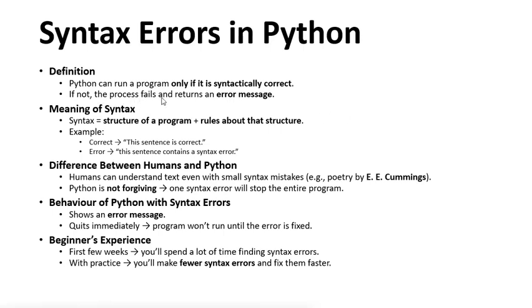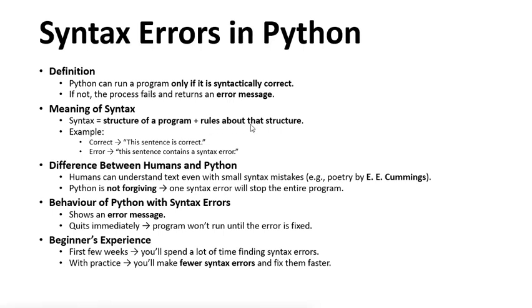If not, the process fails and returns an error message. Got it? Let us understand what is meant by syntax: the structure of the program, how exactly the program should be.